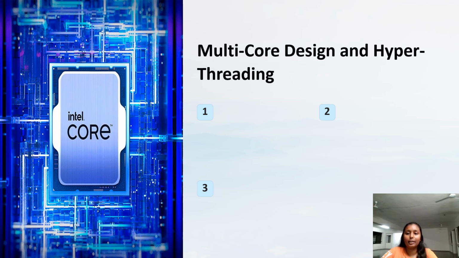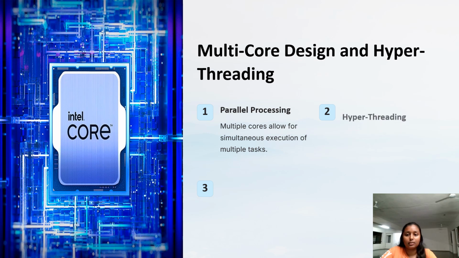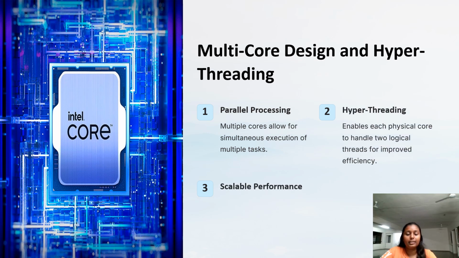Multi-core design and hyper-threading: parallel processing, hyper-threading, and the last one is scalable performance. Parallel processing in Intel Core i5 processors is one of the key features that significantly improves performance by allowing multiple tasks to be processed simultaneously. Some Intel Core i5 models support hyper-threading, which enables each physical core to process two threads simultaneously.